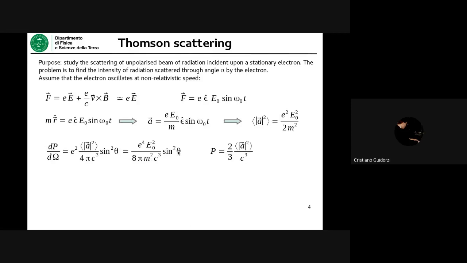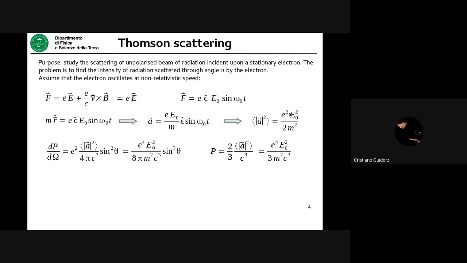This is something that we saw so many times. So again, by integrating this way, you know very well Larmor's formula over the entire sky: 2/3 acceleration squared over c cubed, which is indeed this guy here. No, before I made a wrong comment. Sorry, it is okay as it is written here, because this is already the modulus square of the acceleration.